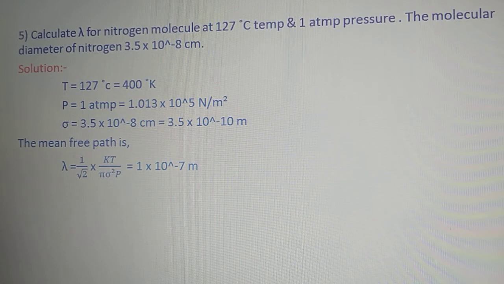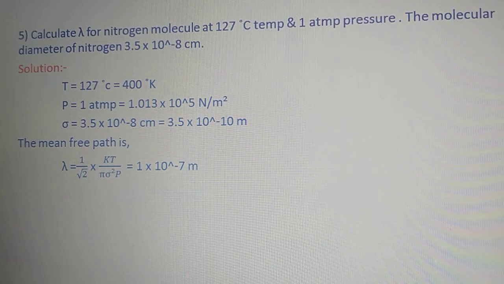And pressure is 1 atmospheric pressure. 1 atmospheric pressure is equal to 1.013 into 10 to the power 5 Newton per meter square. Sigma is equal to 3.5 into 10 to the power minus 8 centimeter, right? So the mean free path is lambda equal to 1 upon root 2 into kT by pi sigma square p.